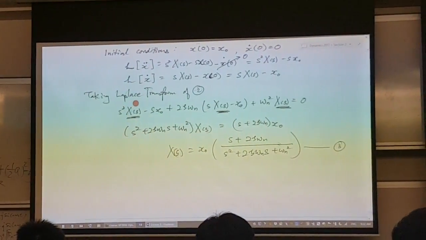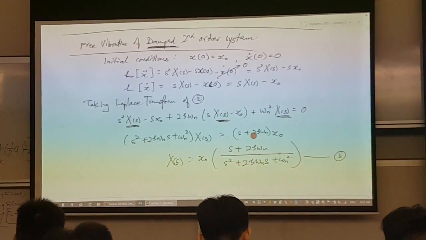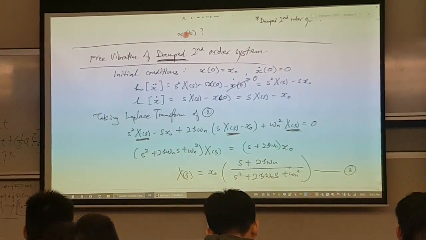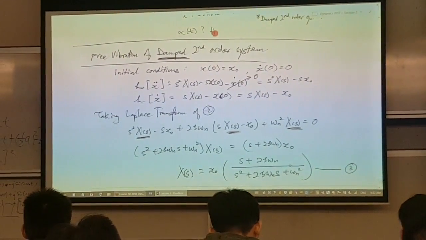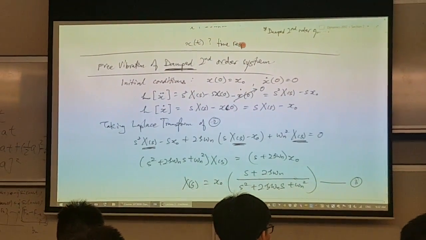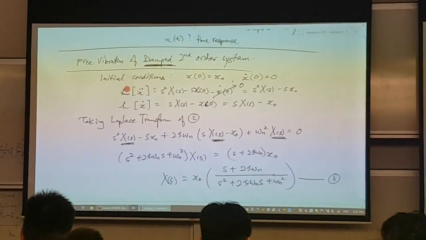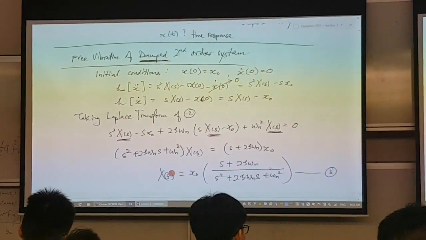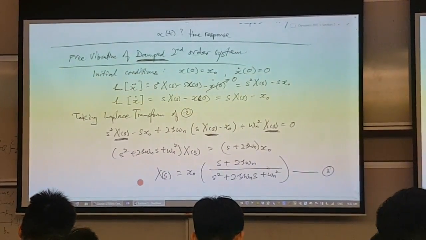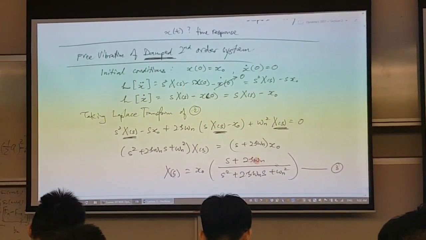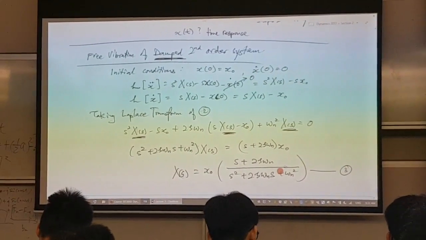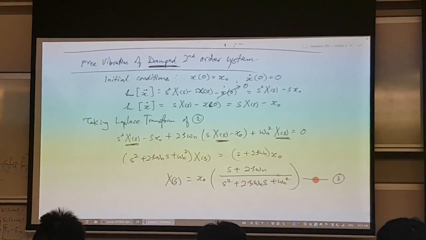Whenever we try to get this term x(t), sometimes we call it the time response. If you want to do that, then after taking Laplace, you must be able to take inverse Laplace. But we can't take an inverse Laplace on this form over here. Why so?